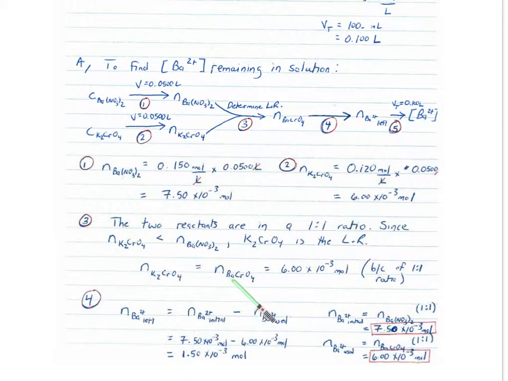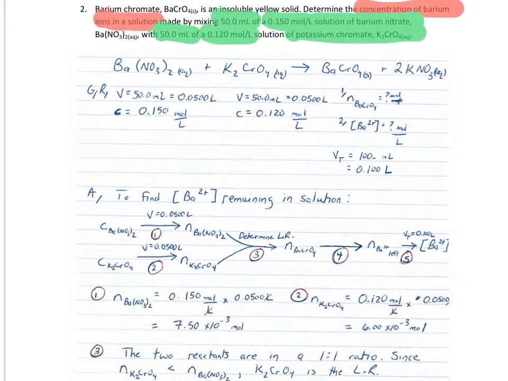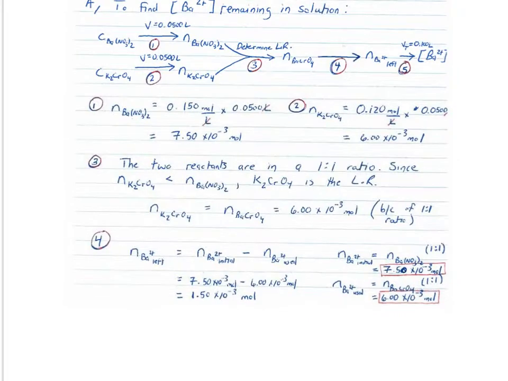And again, it's because those things are in a 1-to-1 ratio that I don't need to use a mole ratio to find the amounts, right? Because the potassium chromate right here is in a 1-to-1 ratio with the barium chromate, so the limiting reagent is in a 1-to-1 ratio with the item that we're interested in. Then the number of moles of potassium chromate is quite simply equal to the number of moles of the barium chromate, which is this value here.